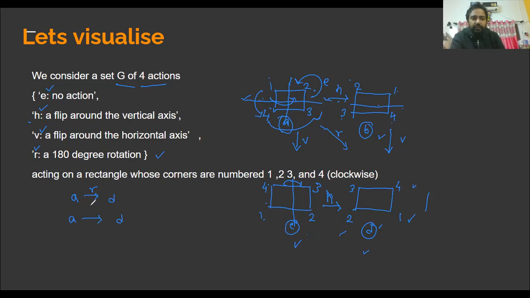Either you can have a horizontal flip followed by a vertical flip, or you can have a vertical flip followed by a horizontal flip. In other words, R is equal to HV is equal to VH.